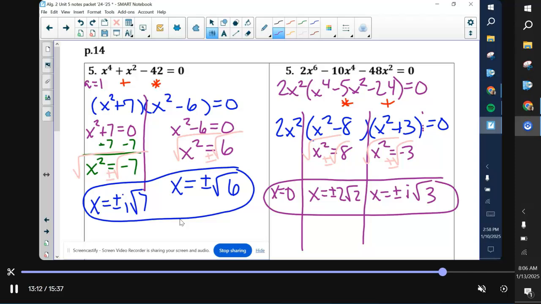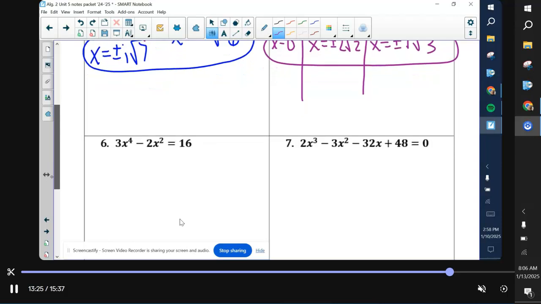X equals 0, x equals plus or minus 2 square root 2, and x equals plus or minus i square root 3. Copying these down without actually doing them will not help you. So please work them out on your own.